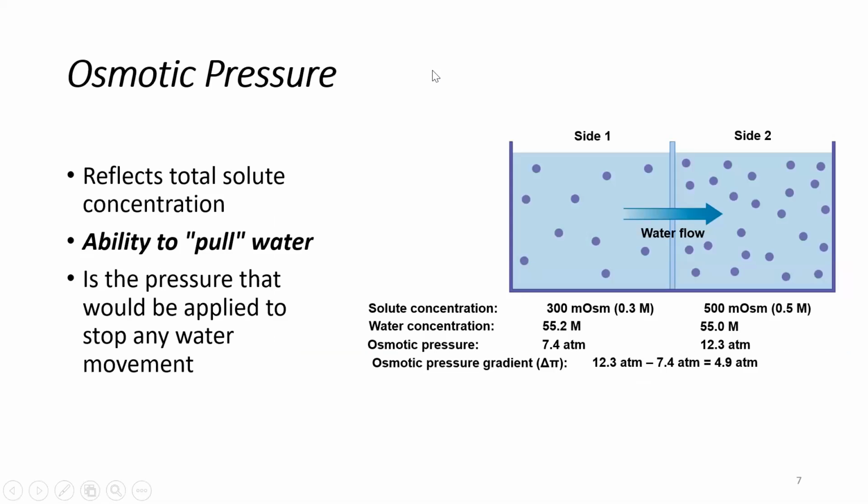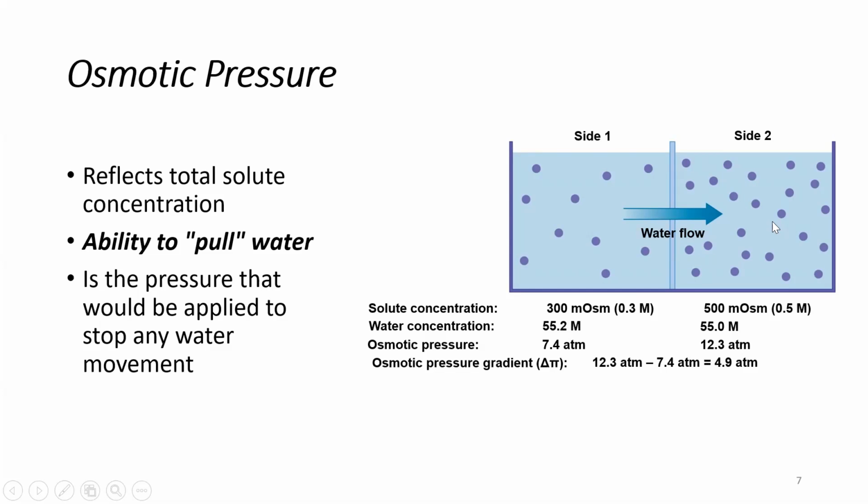All right, now let's speak about the osmotic pressure that is exerted as a reflection of varying solute concentration. If I have more solute dissolved on one side of the membrane, let's look at this scenario. On side one, I have less solutes dissolved. On side two, I have more solutes dissolved.